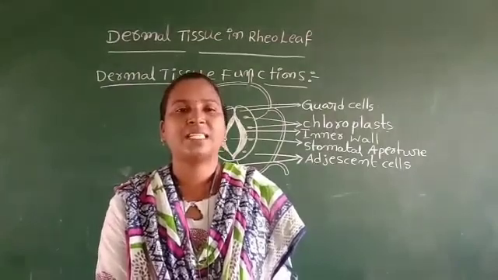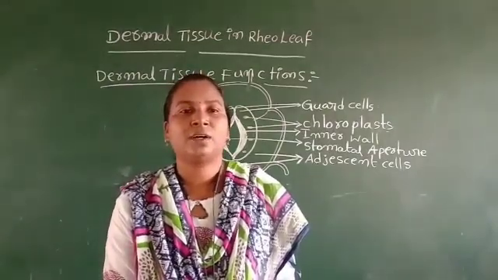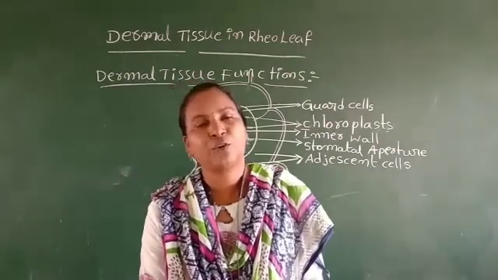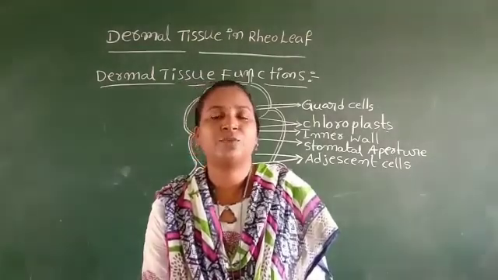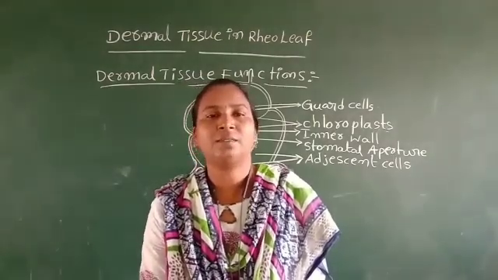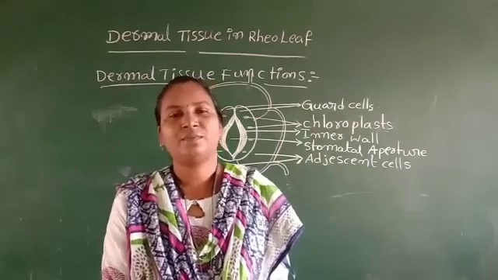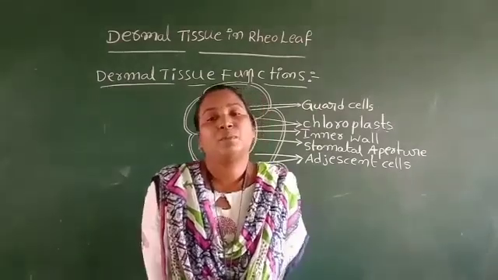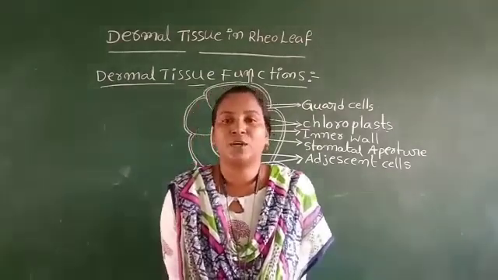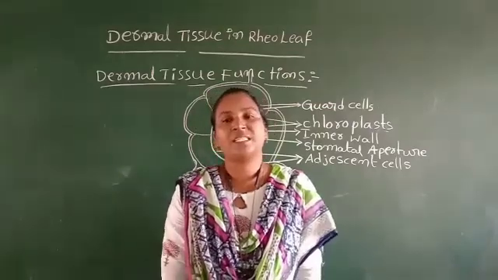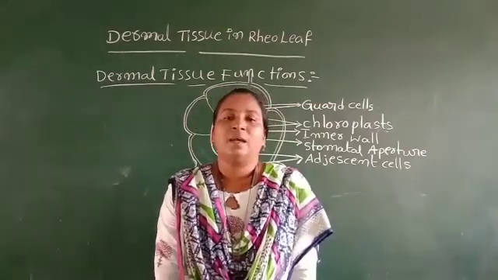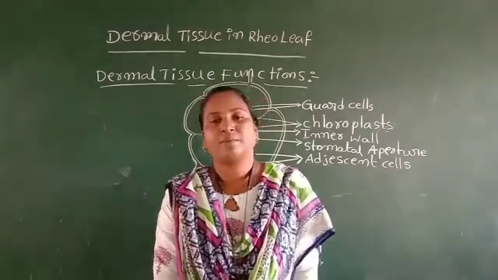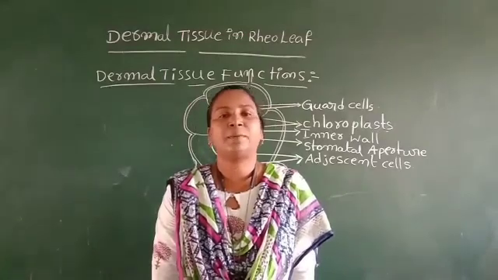Examples of waxy layered plants which have a cuticle on their epidermal cells are xerophytes, such as opuntia, aloe vera, etc. Other cells in the dermal tissue are guard cells that surround the stomata, which are openings in the leaf. Gases and water enter and leave the dermal tissue through stomata. Stomata are the openings of dermal tissue.